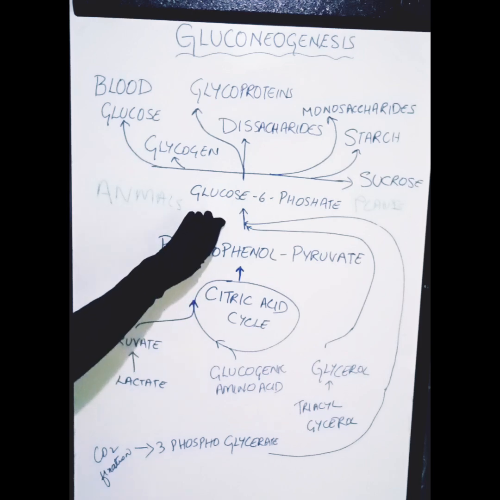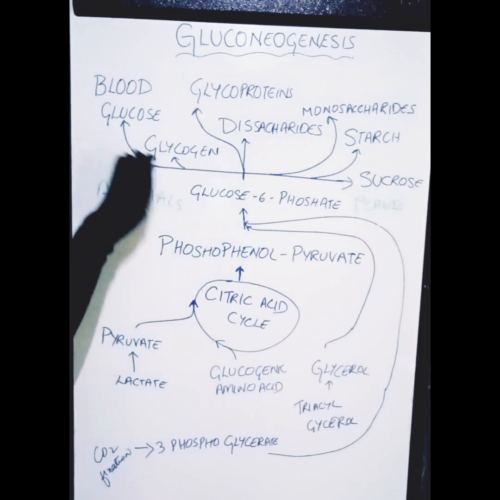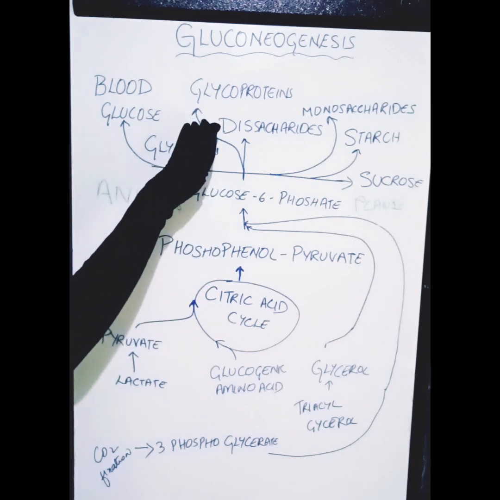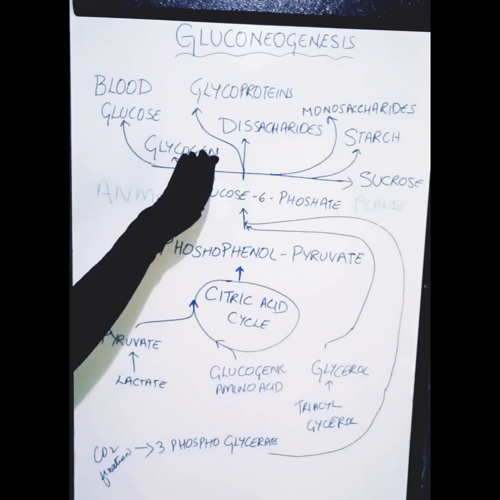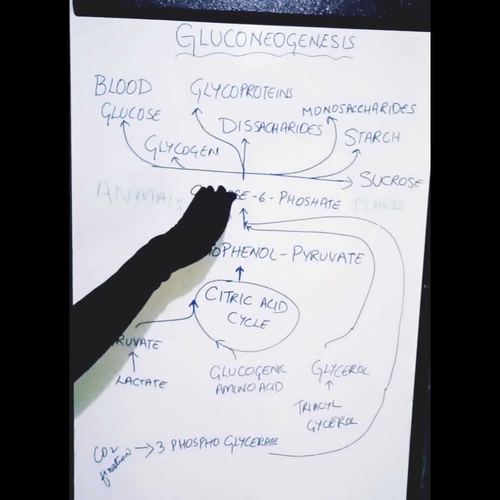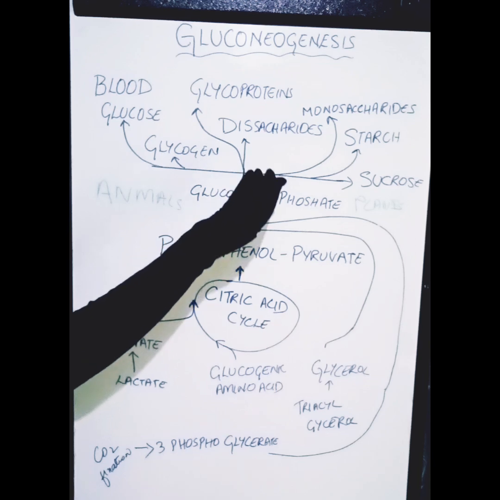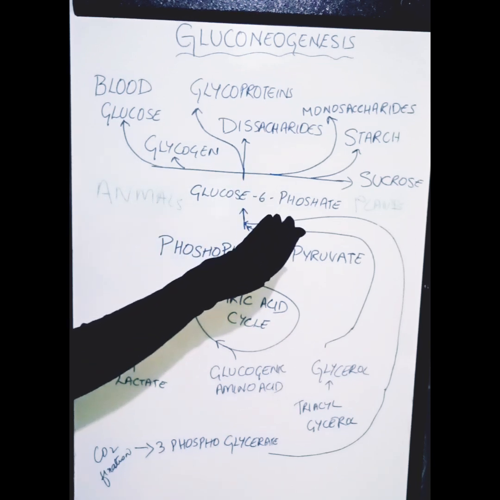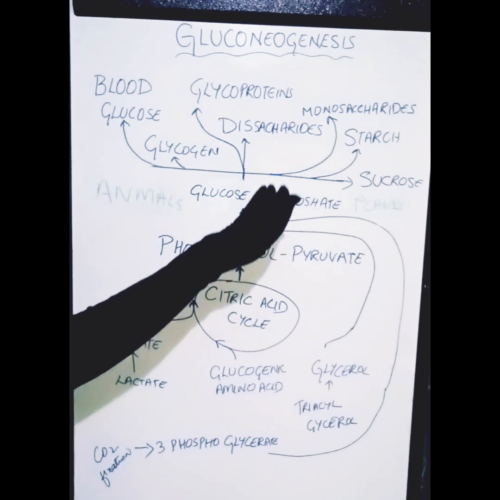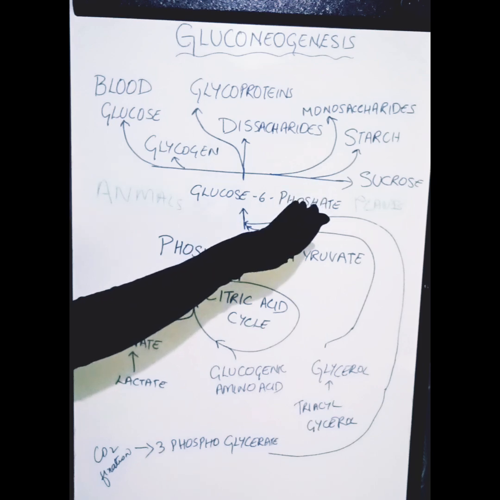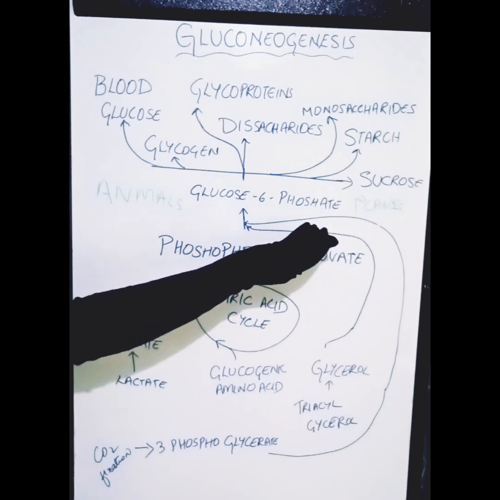Once the glucose 6-phosphate is produced, it is converted to blood glucose, glycogen, glycoprotein in animals, or monosaccharides and disaccharides shared by both animals and plants, whereas starch and sucrose are in the case of plants.